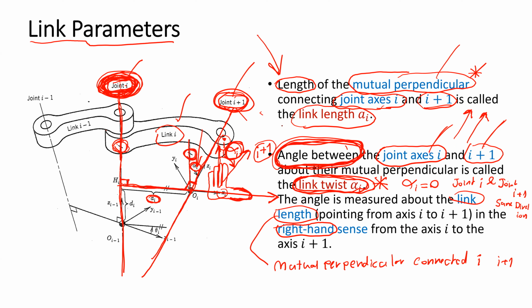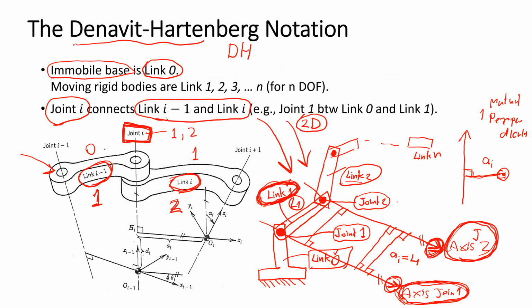If we come back to the 2D picture, no matter whether this link is here or rotates to a different position or angle, the link length that connects joint 1 and joint 2 is still the same, L1.